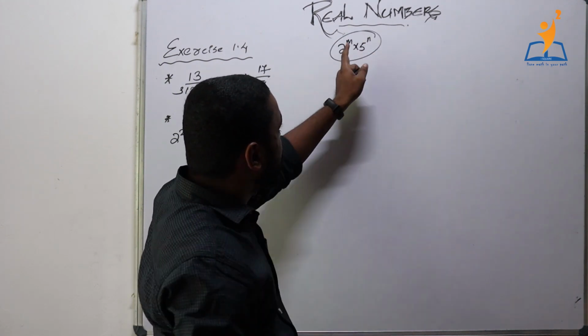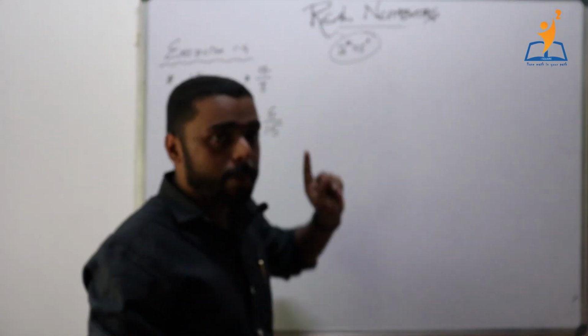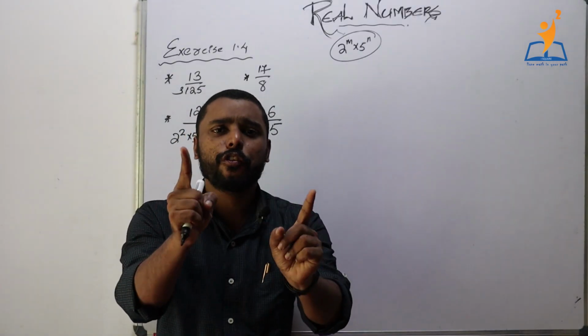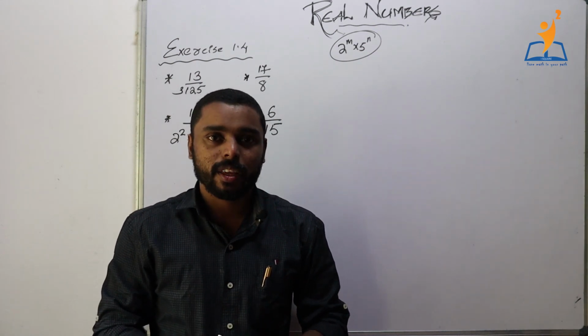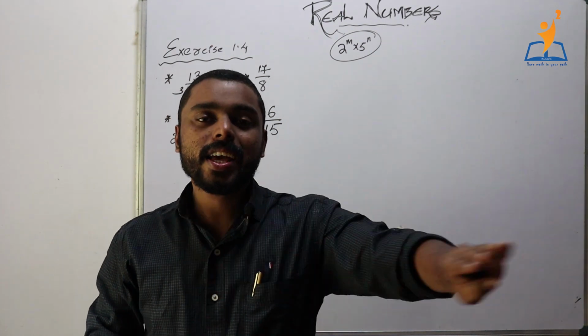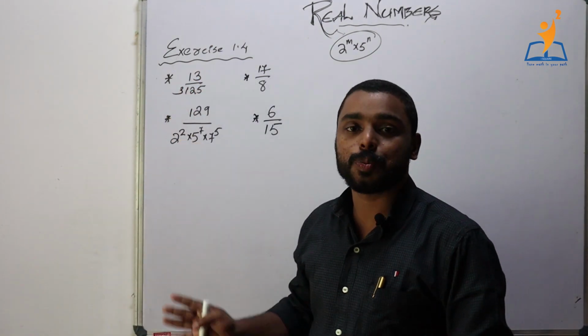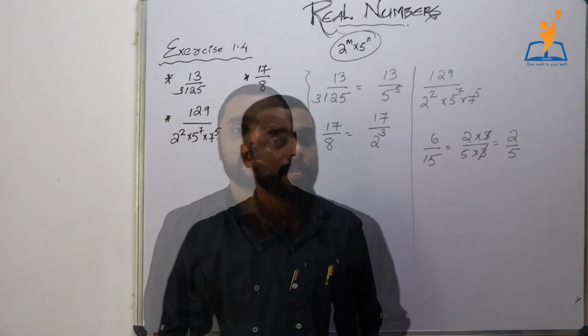See, if a rational number's denominator is of the form 2 raised to m into 5 raised to n, then definitely its decimal expansion will terminate. If you have this result in your mind, it is easy for you to do all these problems very simply. Okay, we shall check it out.